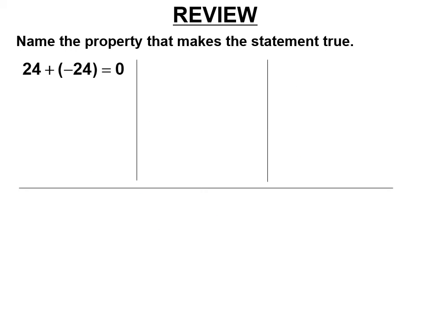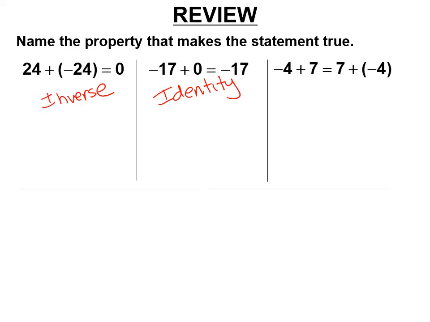So let's go over those properties. Which one is that? This one is inverse. You're adding opposites. Which one is that? That's identity. So which one was the third property that we learned?